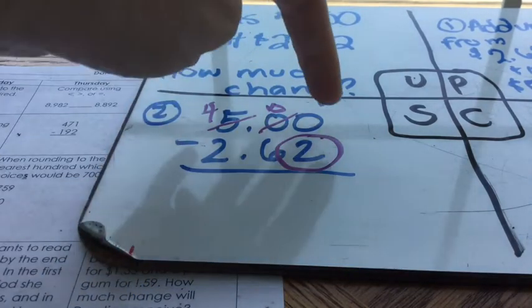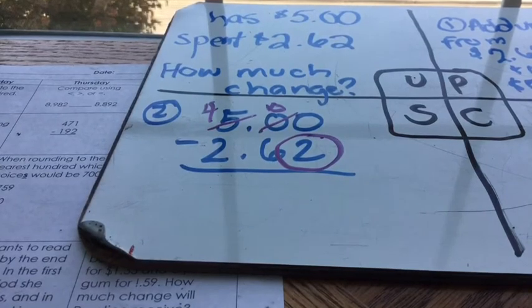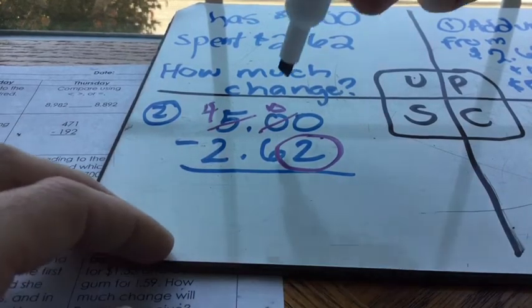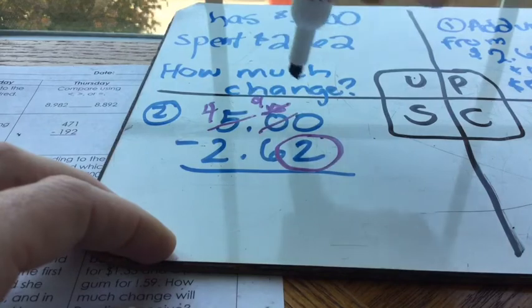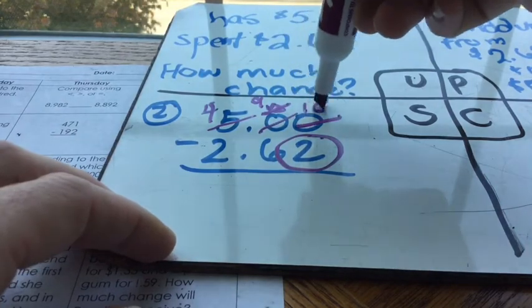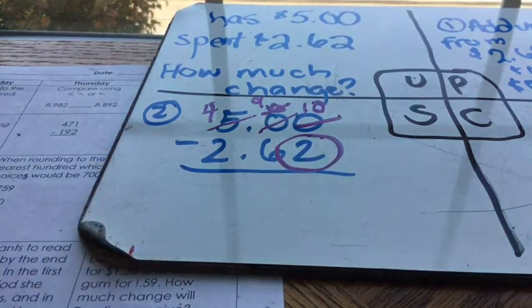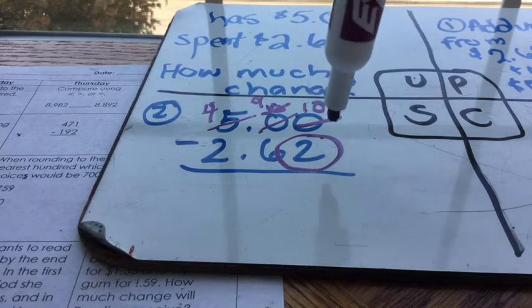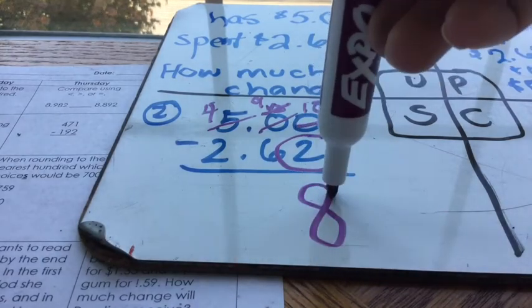That still doesn't help me with the 0 take away 2. So I now have a neighbor next door, so I can borrow one of those dimes and turn it into the pennies that I need. 1 dime is equal to 10 pennies. So I'm going to do 10 take away 2 is 8.